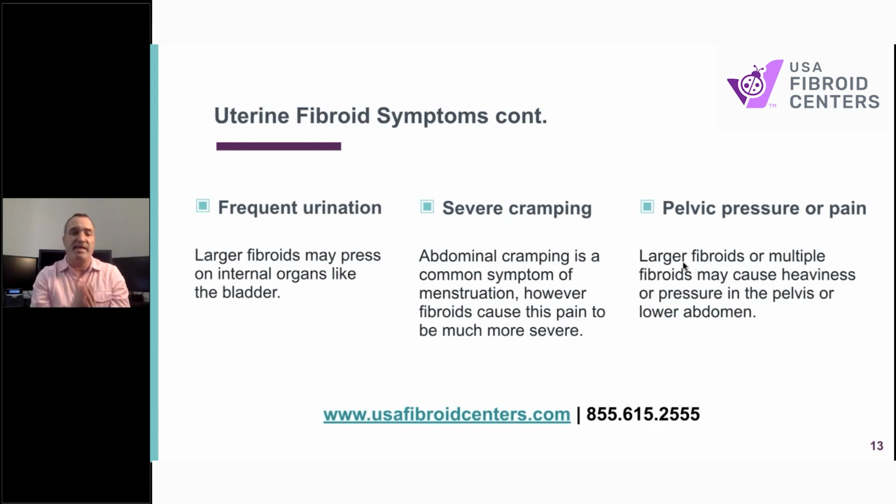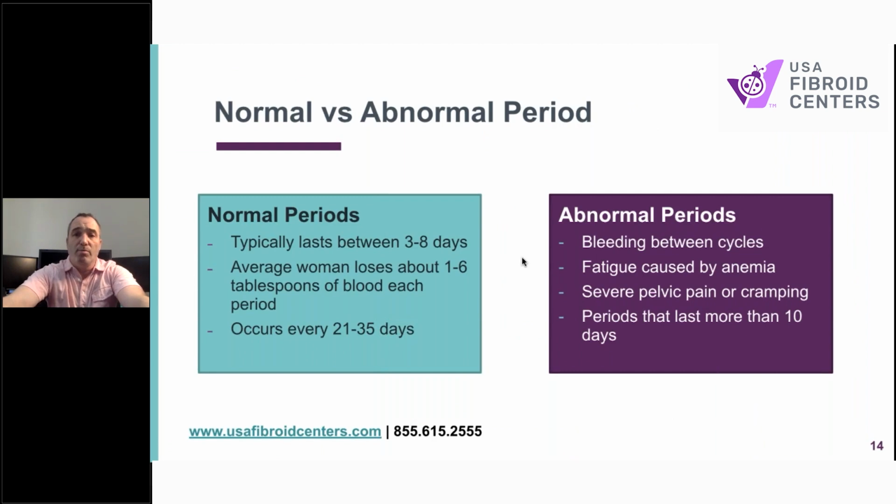So we like to break down the symptoms of fibroid disease into 2 major classes. One is heavy bleeding, and the other is bulk-related symptoms like pressure on the bladder, pelvic pressure, pain, and cramping, because we can talk a little bit about what the success rate of treatments is depending upon what the symptomatology is.